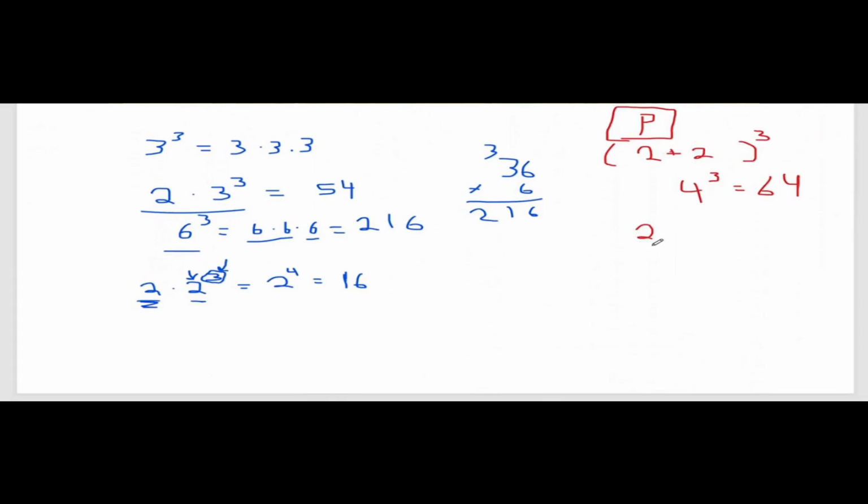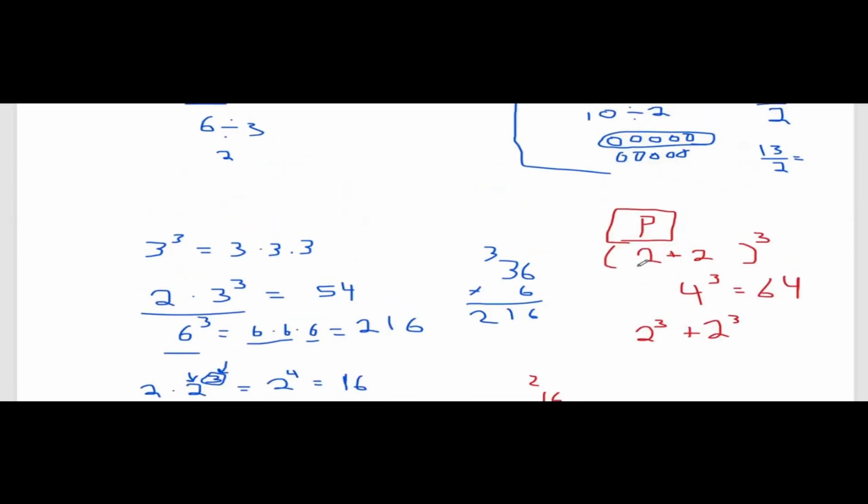This is 2 to the third plus 2 to the third. 2 plus 2 is 4, 4 to the third. I have to rethink this, 16 times 4, because it might be a little bit high there. It's been a while. 4 times 6 is 24. No, it's 64 for sure. So if I raise both of these to the third, that still doesn't work.